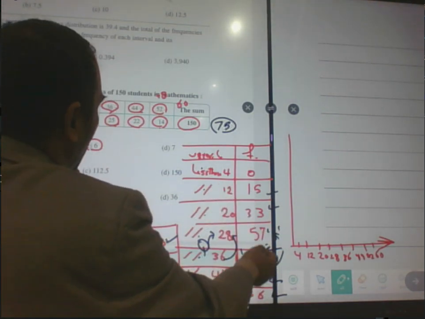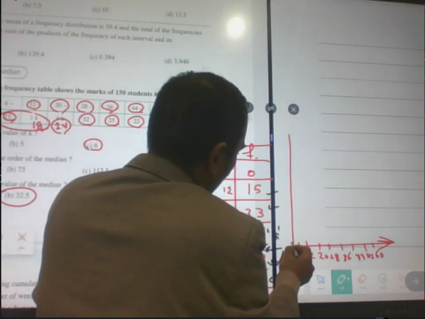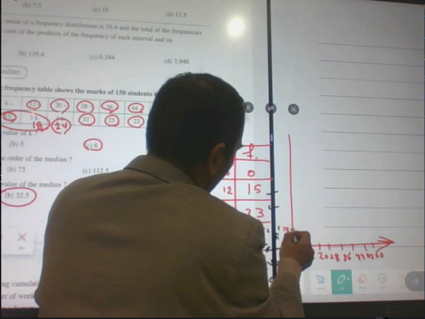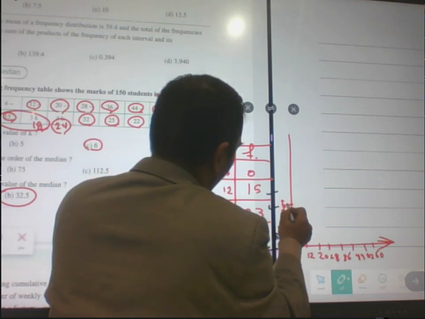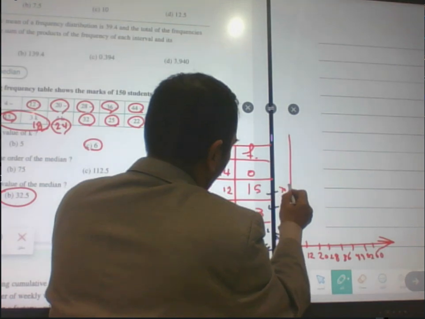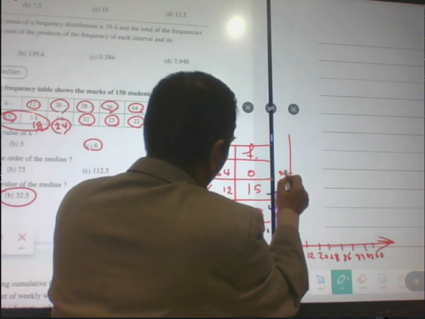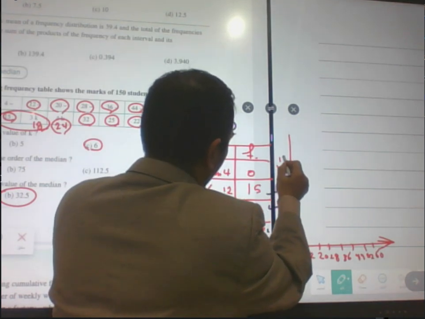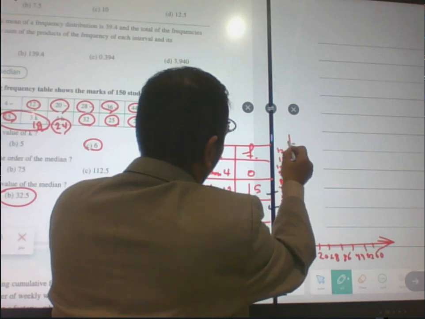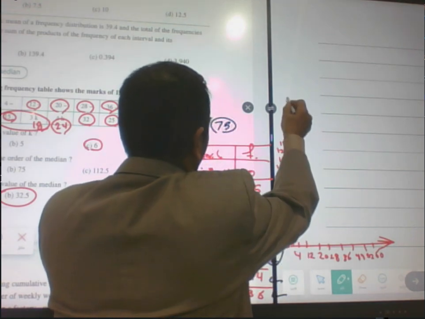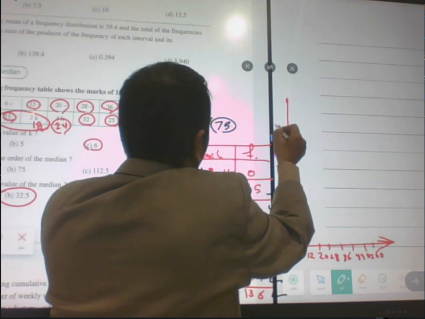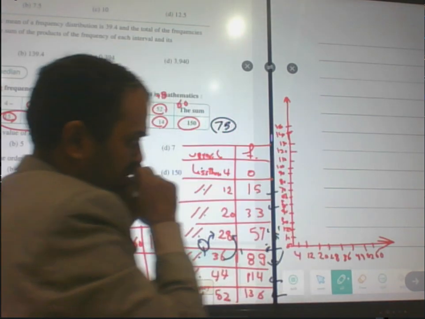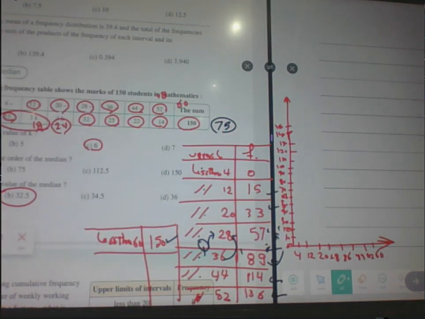The scale goes up to 150: from 0, 10, 20, 30, 40, 50, 60, 70, 80, 90, 100, 110, 120, 130, 140, 150.